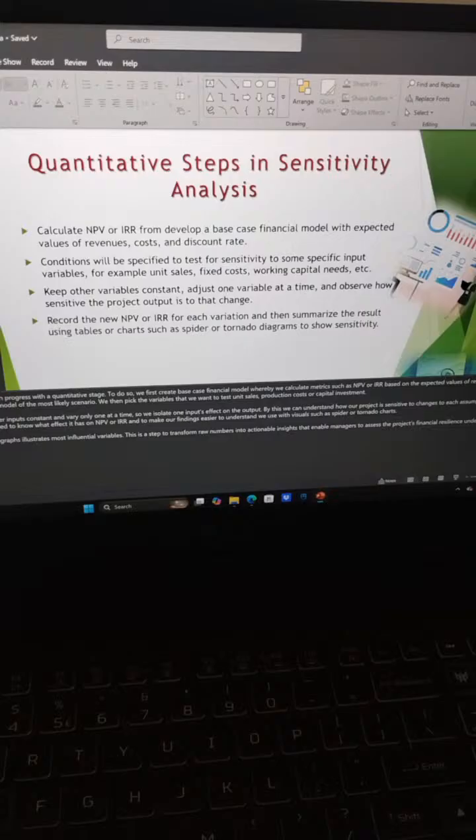They also keep other variables constant or adjust one variable at a time and observe how sensitive the project output is to that change. We record a new NPV or IRR for each variation and then summarize the result using tables or charts such as spider or tornado diagrams to show sensitivity.